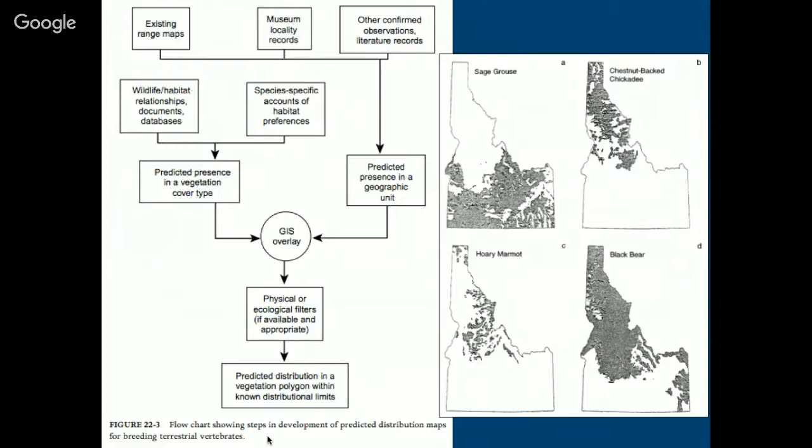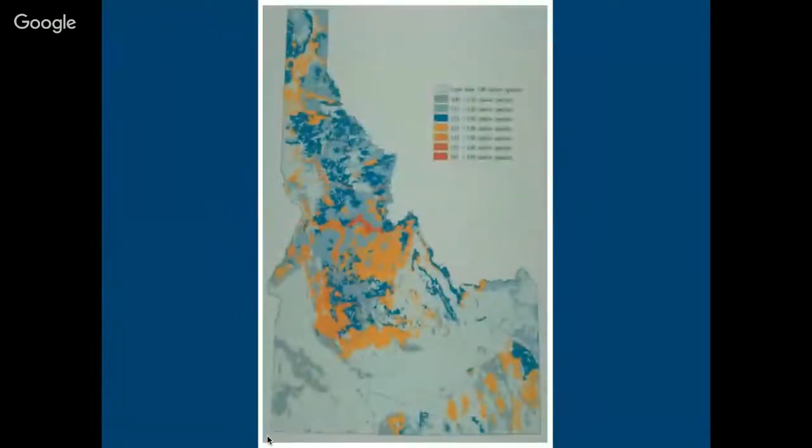So again, this is a dated methodology, but it was certainly a dominant and important methodology in the North American milieu. And again, you get these maps of species richness that were developed using the GAP methodology.